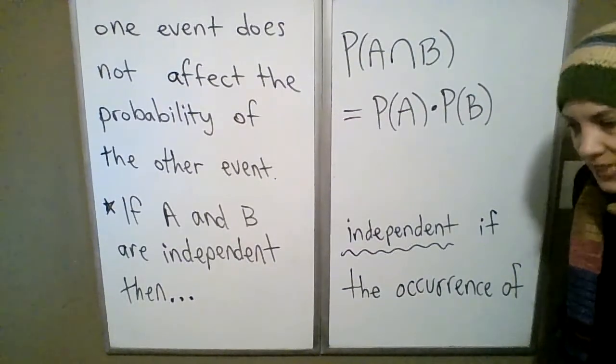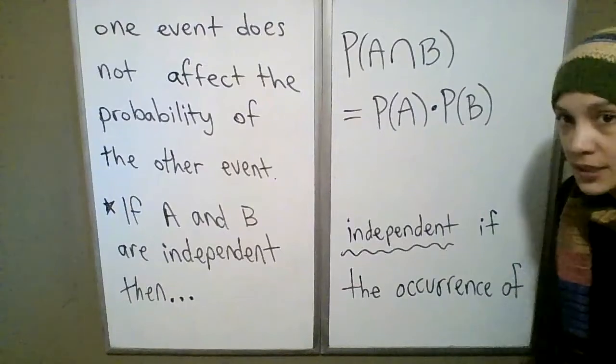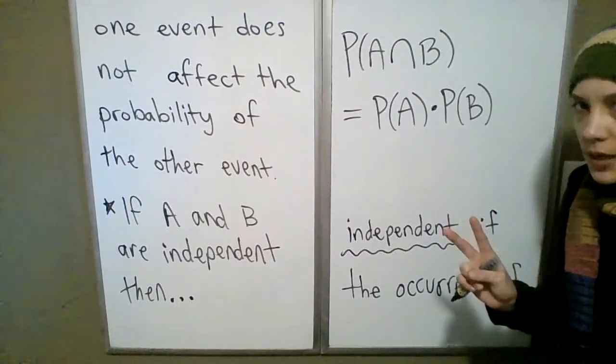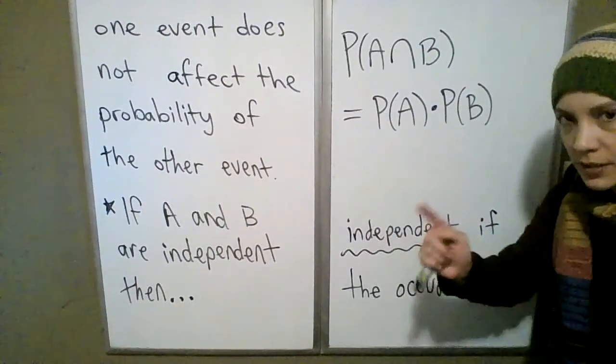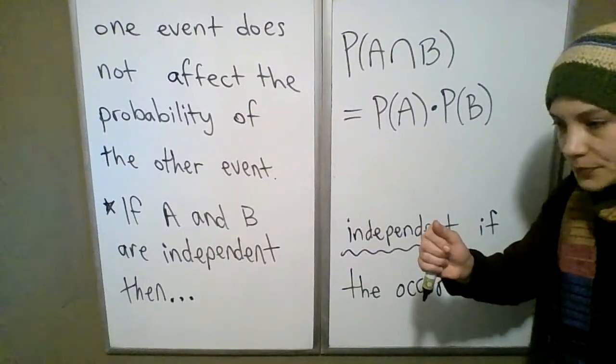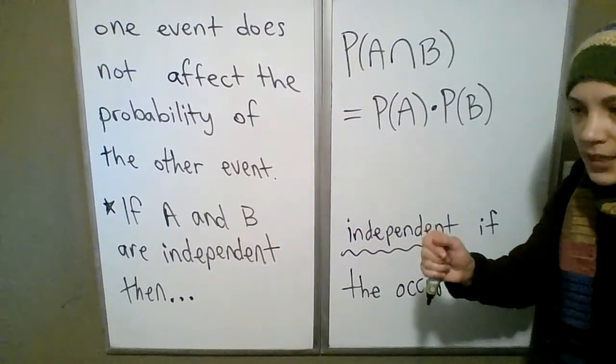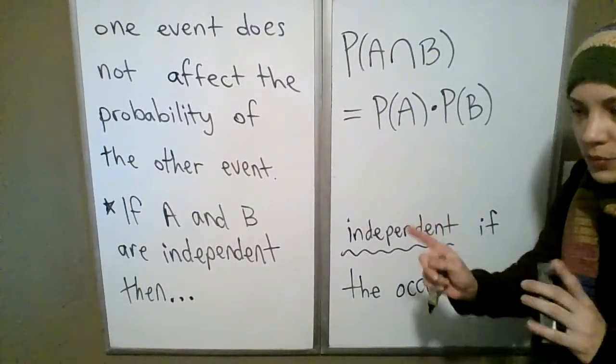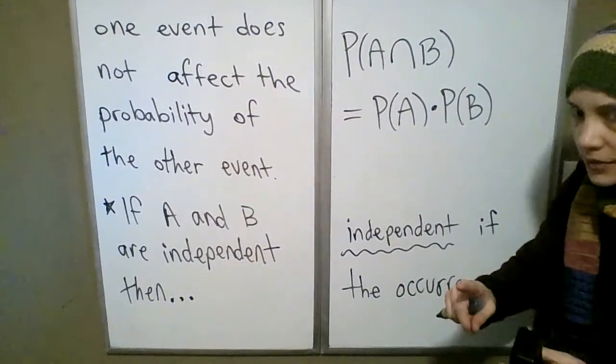I think we should do a quick, easy one. So one we've looked at before is flipping a coin 2 times. And I mentioned earlier, once you do the first flip, and then you do a second flip, they have nothing to do with each other. One flip has no impact on the other flip.